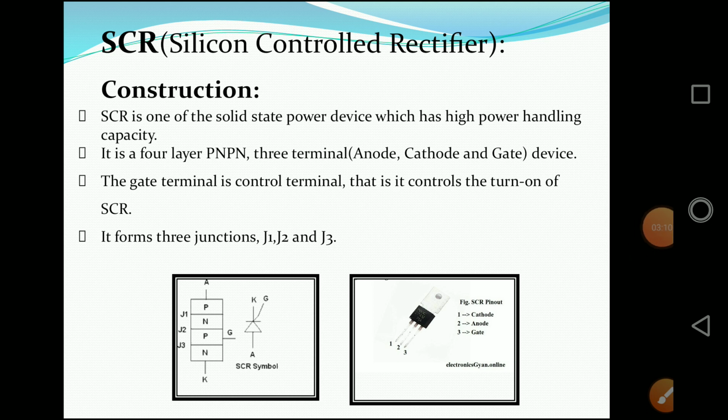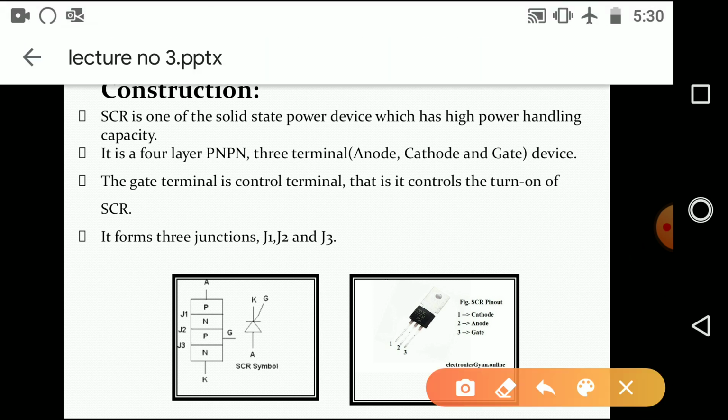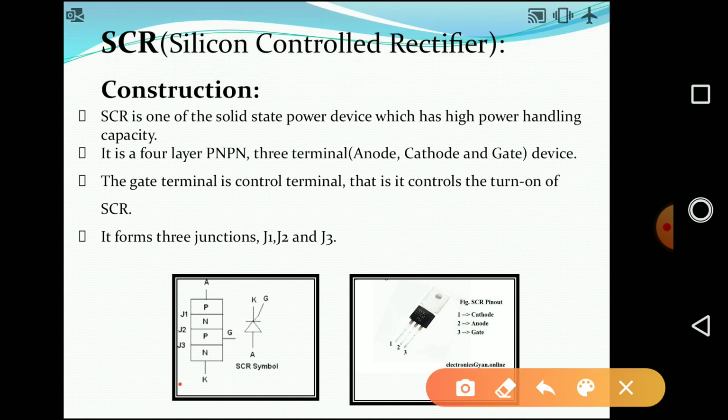Next is the construction of SCR. A silicon controlled rectifier has a 4-layer construction. As we see in the representation, this is the layer diagram of SCR, this is the symbolic representation of SCR, and this one is the structure of SCR.